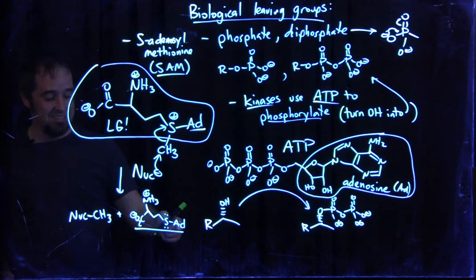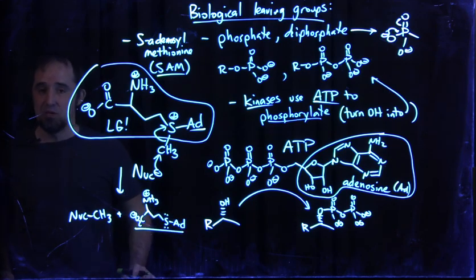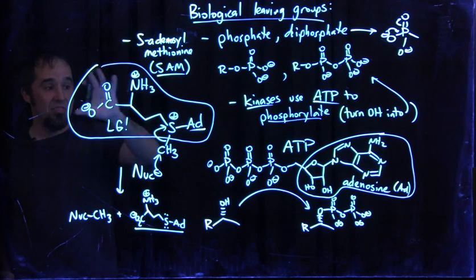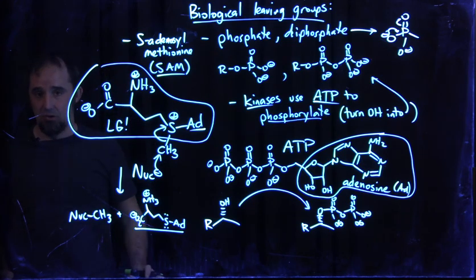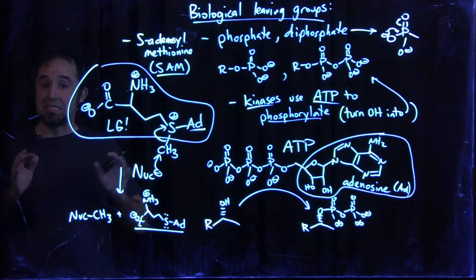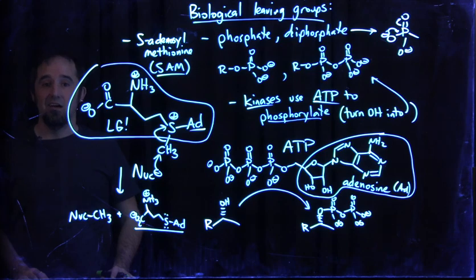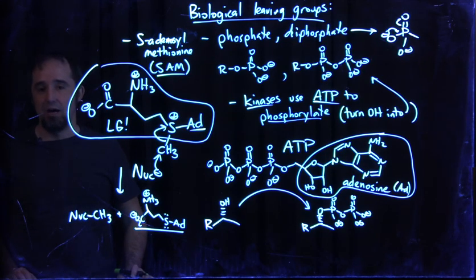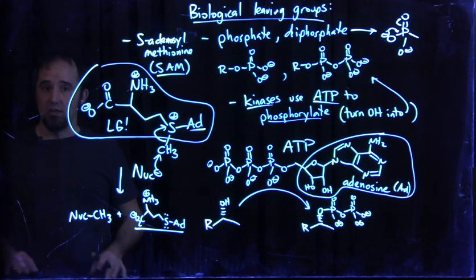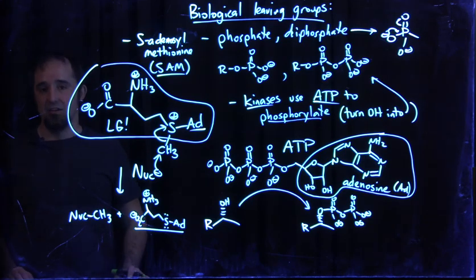So this adenosylmethionine is pretty stable on its own, which makes this whole piece a great leaving group. This is how your body is going to methylate stuff that needs methylation. So if you've heard about DNA methylation, important in epigenetics, this is how we can think about the body controlling DNA methylation in our cells.